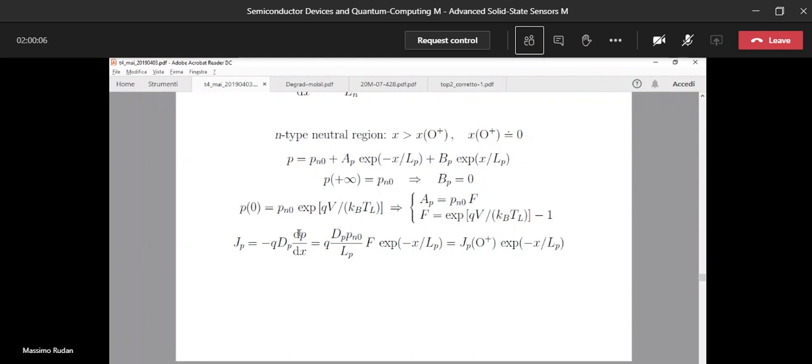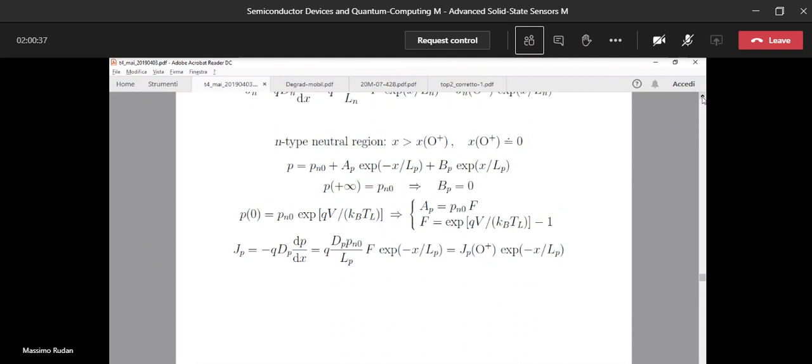And finally, we calculate the current, and then we observe that all this quantity here, the coefficient, is equal to Jp at O plus. You notice it is really unimportant where the origin is, because eventually what we want to calculate is this coefficient here, okay? So now we have Jp of O plus.